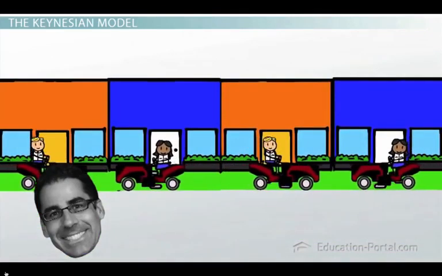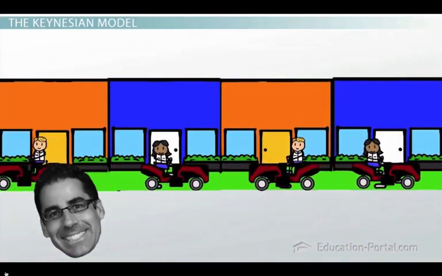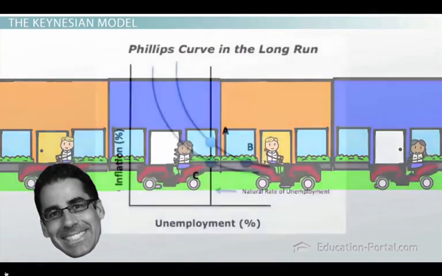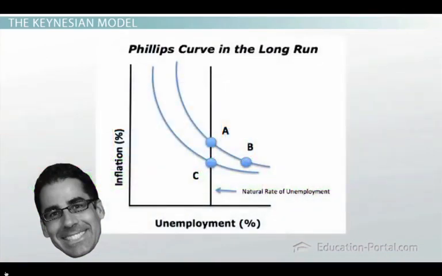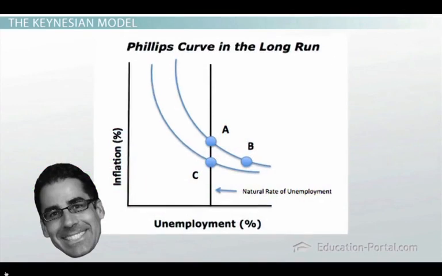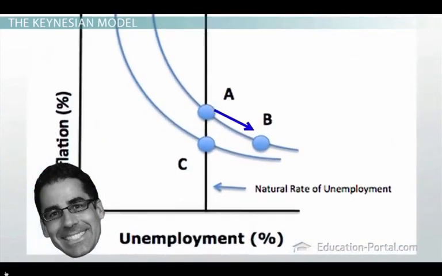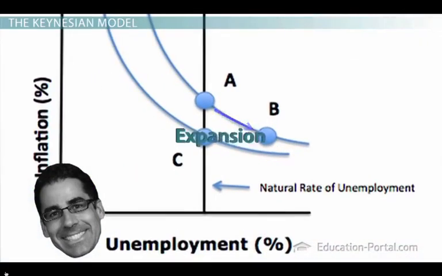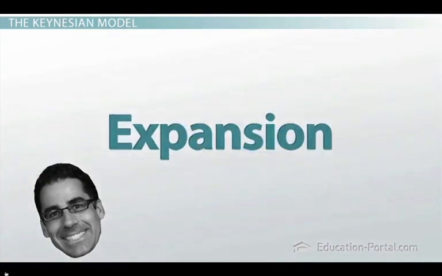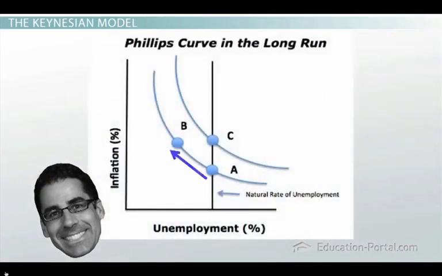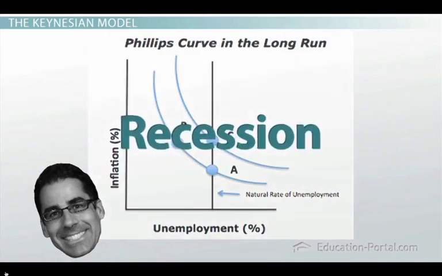The economy may start out in a state of balance in which everyone is fully employed, but strong demand for products and services temporarily pulls the economy above the full employment level. This is what economists call an expansion. When weaker demand temporarily pulls the economy below the full employment level, economists call that a recession.